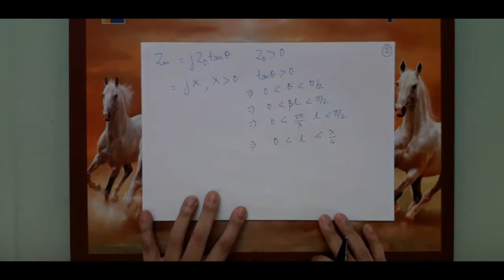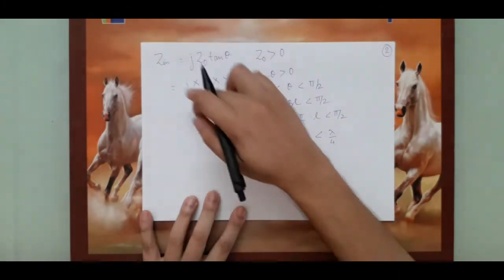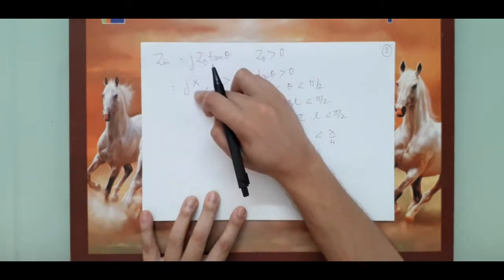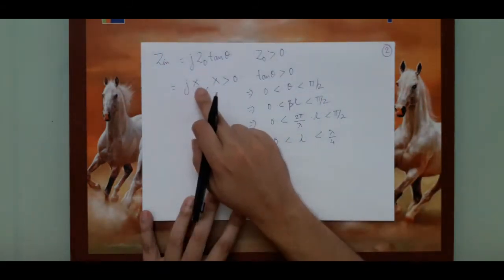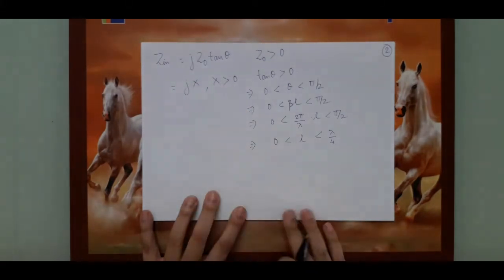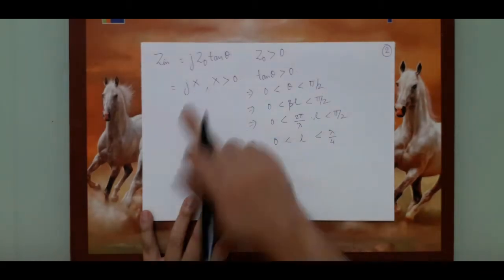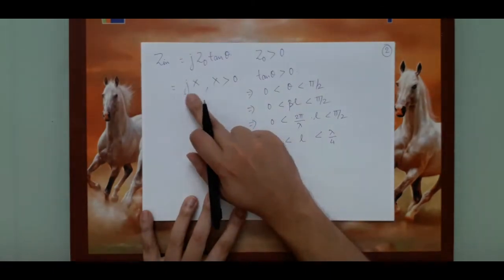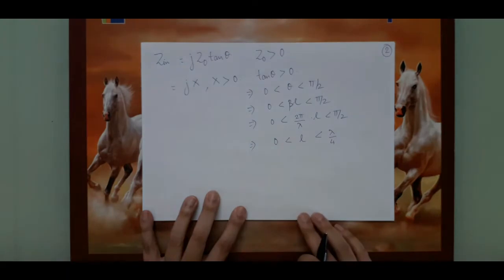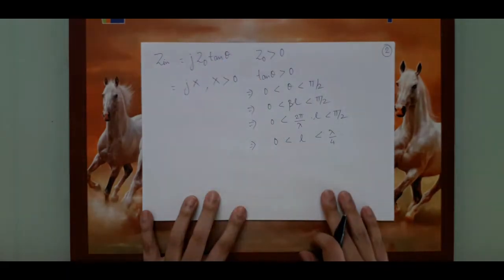Now if I ask you, if some physical element has an impedance Jx where x is more than 0, is it something that we already know? Yes, it is. This is nothing but an inductor. As you know, an inductor has positive impedance Jx, or rather the X is positive.